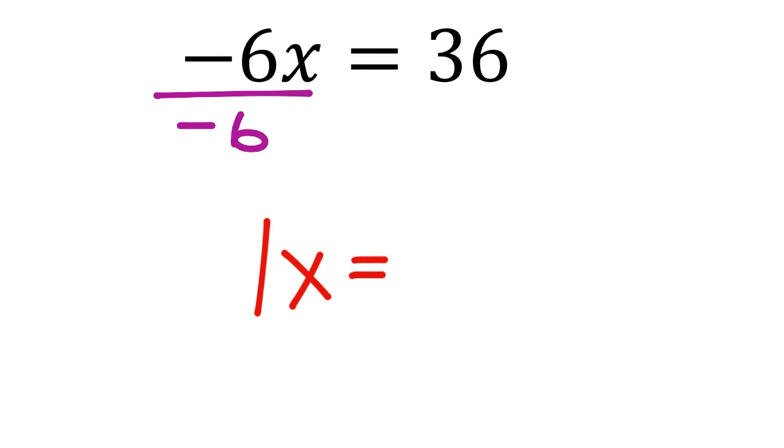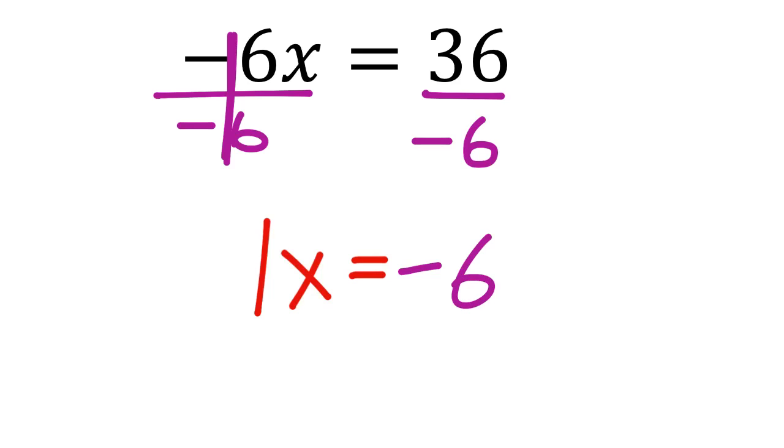But remember, since this is an equation, if I do it to one side, I have to do it to the other side as well. So negative 6 divided by negative 6 is 1, which is right here. Not that we have to show it, but you can. And then 36 divided by negative 6, there's only one negative, so we know the answer is negative. And 36 divided by 6 is 6.